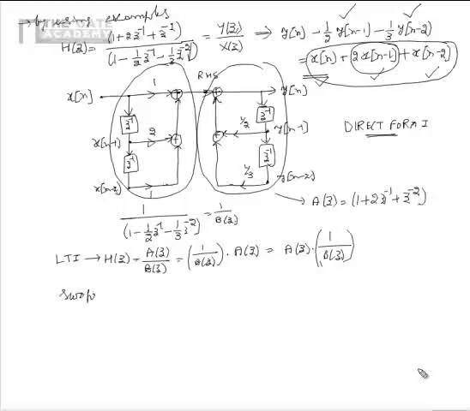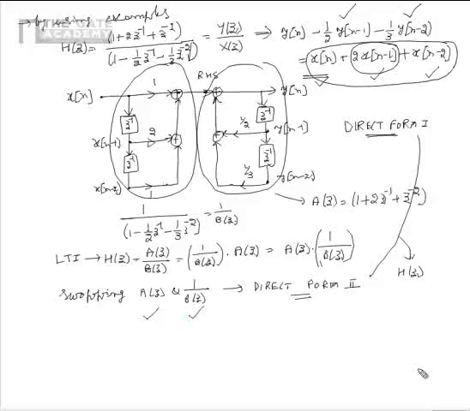So the swapping of A of z and 1 by B of z results in the form which is called direct form 2. Please note that direct form 1 and direct form 2 are equivalent and realize the same H of z, except that A of z and 1 by B of z are swapped.